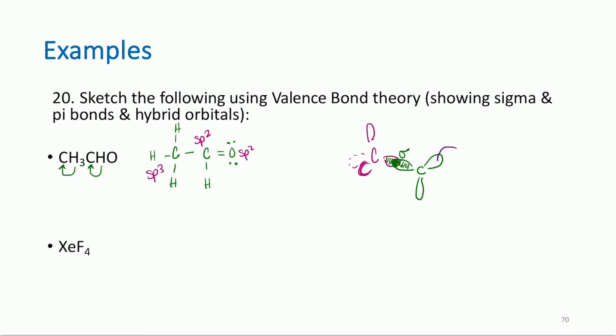It also has a sigma bond to my oxygen. That oxygen has 2 lone pairs in its other orbitals. That carbon has a sigma bond to hydrogen. This carbon has 3 sigma bonds to 3 other hydrogens.